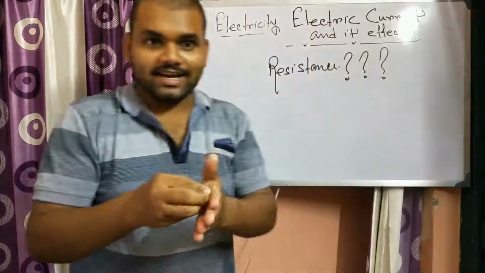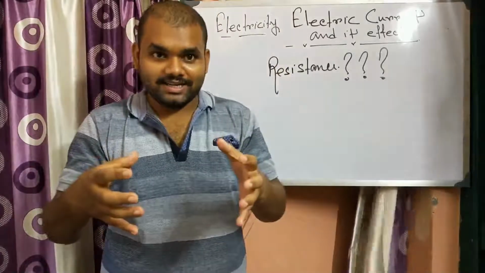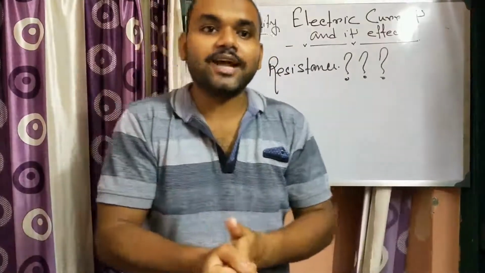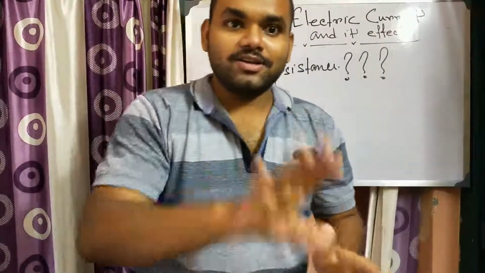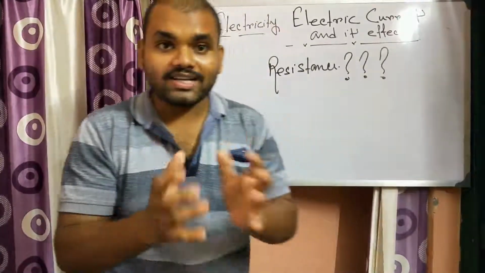So you are arguing with your mom and your dad. Due to that arguing, the temperature rises, and after some time either the argument will stop or they will scold you. What does it mean?